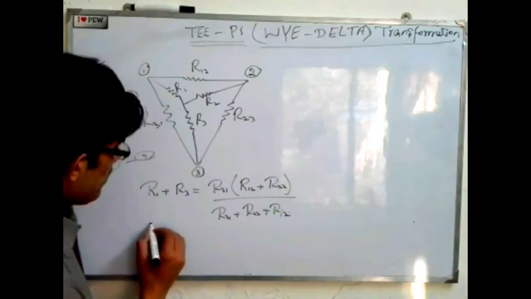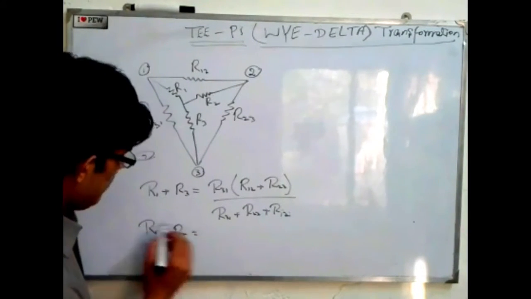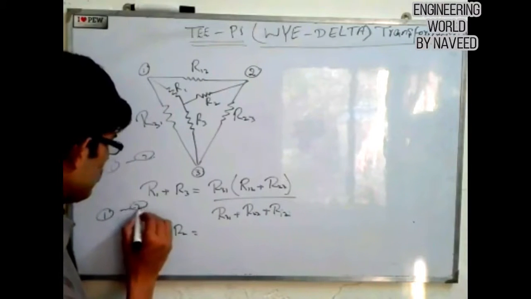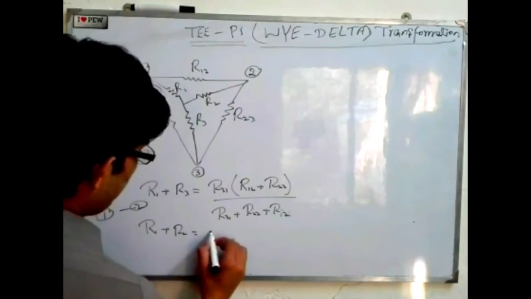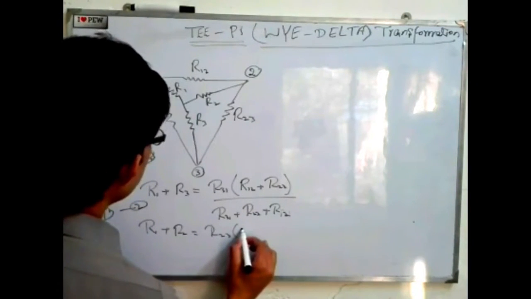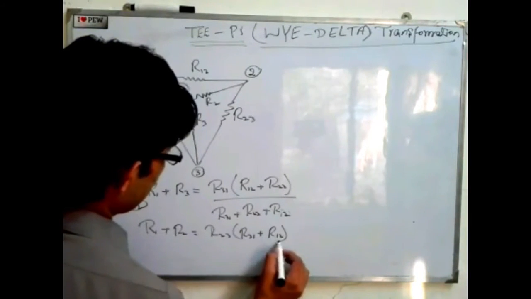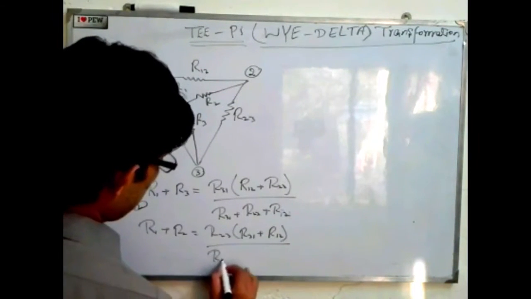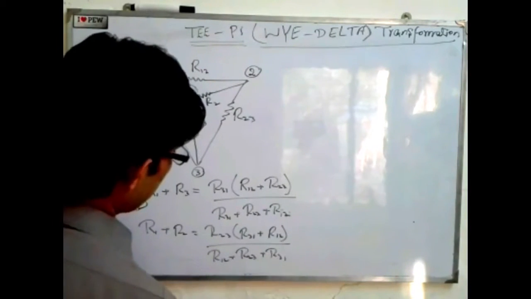Similarly, R1 plus R2 will be equal to, if we take node 1 and 2, R23 into R31 plus R12 divided by R12 plus R23 plus R31.